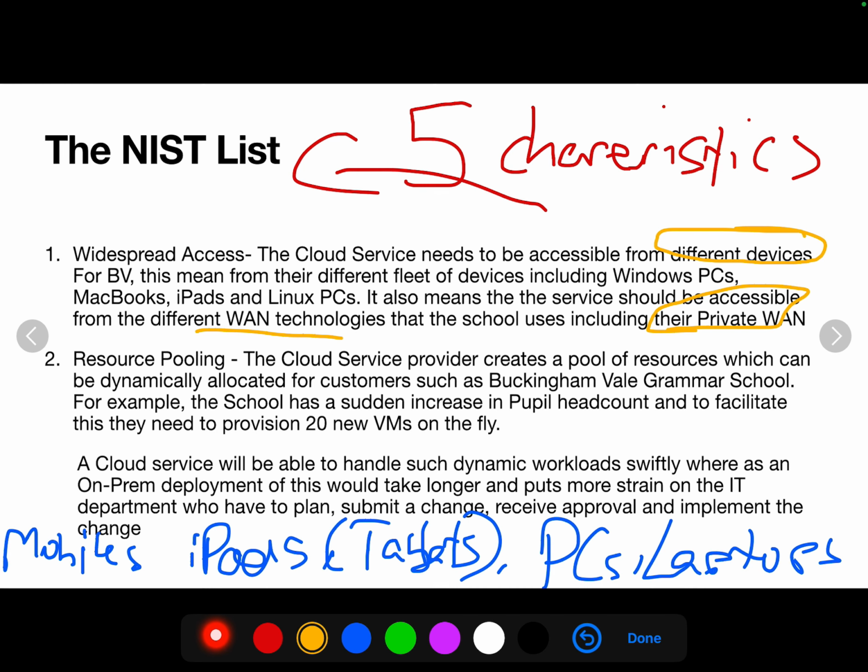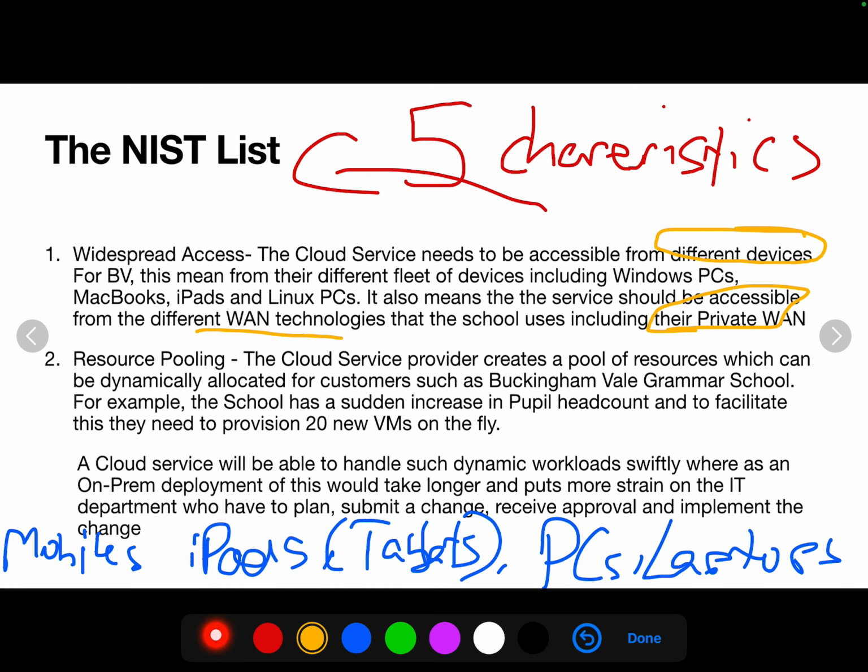They could have a cloud service. For example, if we have a cloud service provider and they're supporting Buckingham Vale School, they could also be supporting 20 other schools. They could be supporting many types of businesses in the area, in the country. So they have a pool of resources. They'll have a data center or data centers, and they have racks and racks of servers. And in those servers, they have virtual machines and containers, and those are being dynamically allocated to customers.